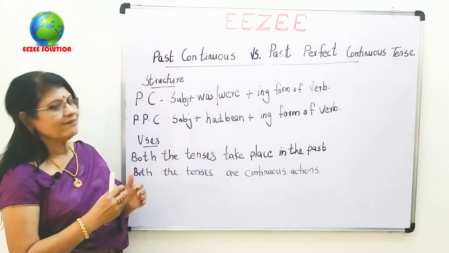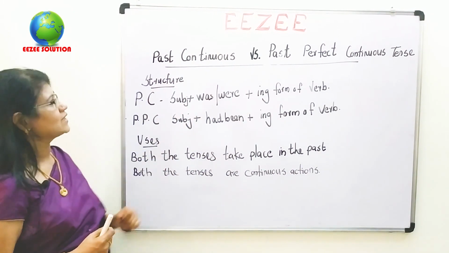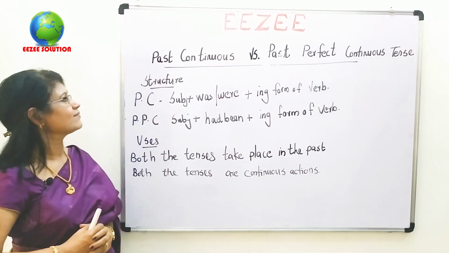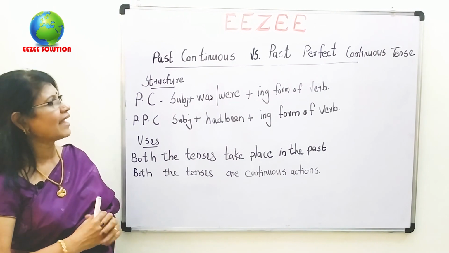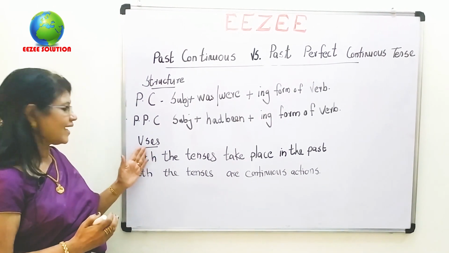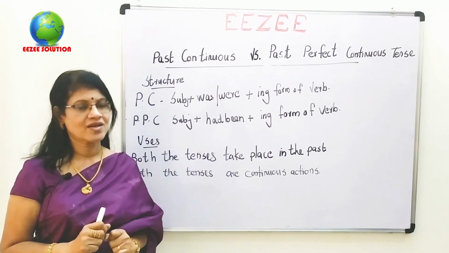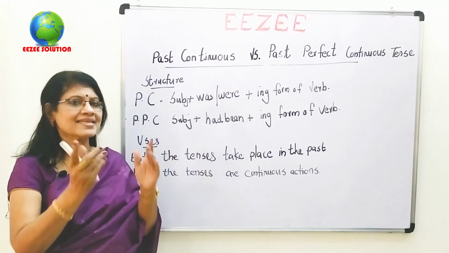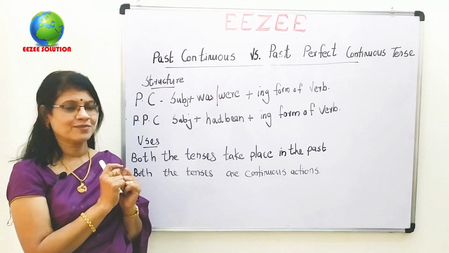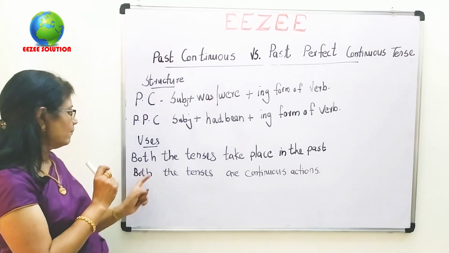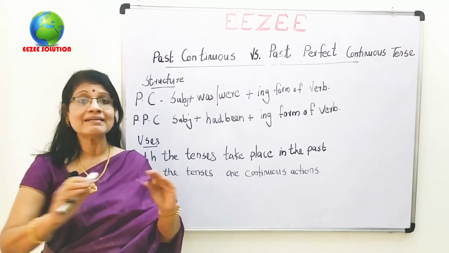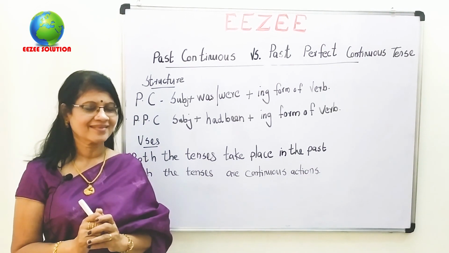Now, when we think about the uses of these two tenses, past continuous tense and past perfect continuous tense, we can see that both the tenses take place in the past. And both the tenses are continuous actions.